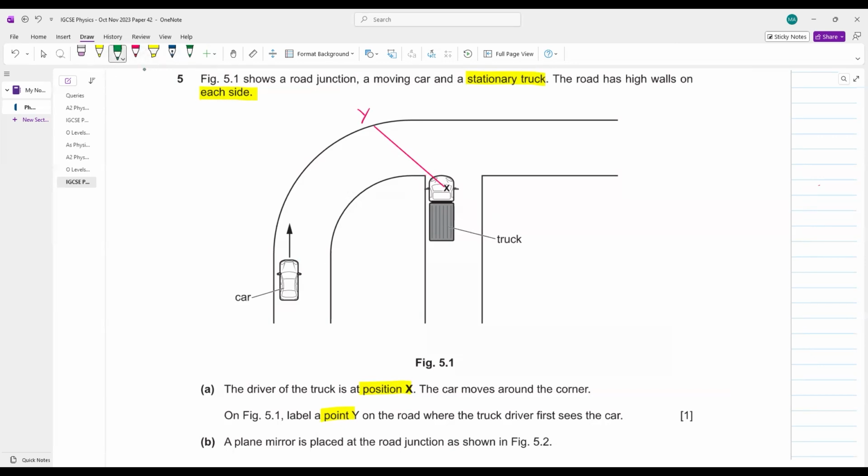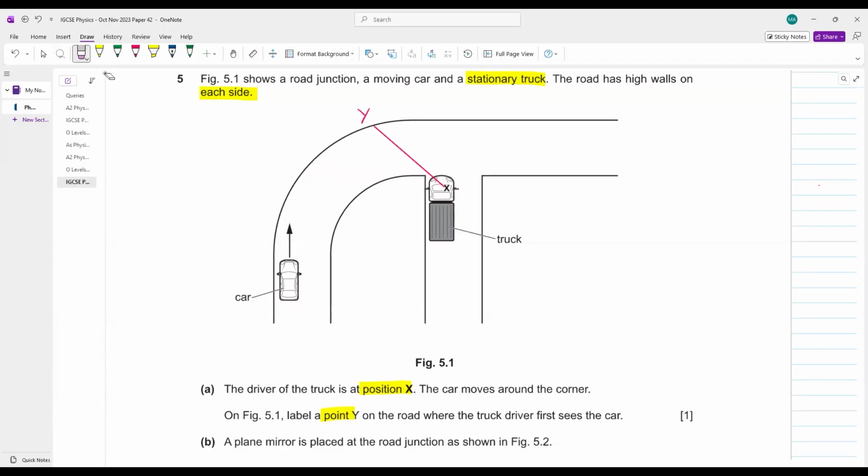Since these walls are very very high, what does this mean? You cannot see beyond this corner. So you can only see when the car reaches point Y, that is just close to this corner. So how will you write this? We don't have to give an explanation. Since the walls are very high, we cannot see beyond this corner. Hence, the position Y is this.